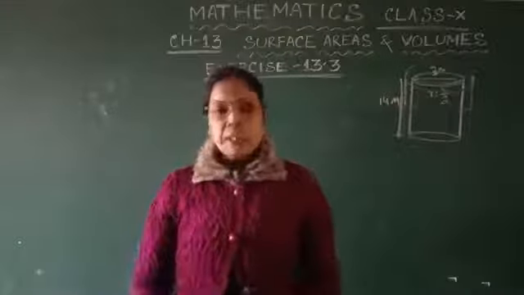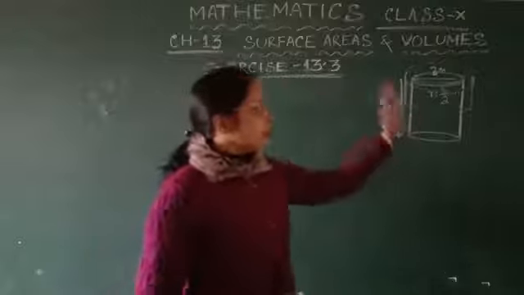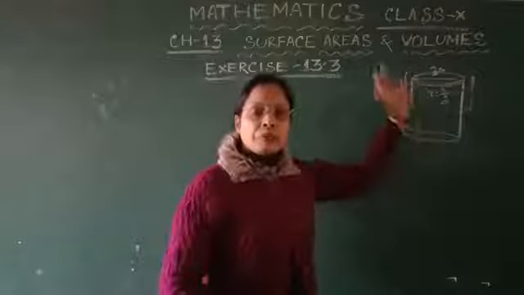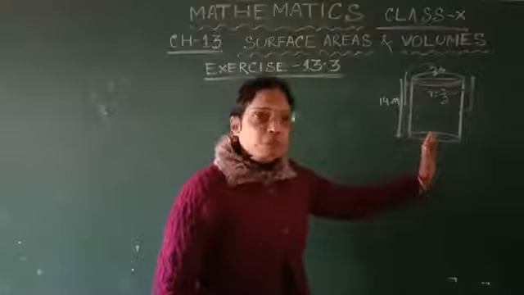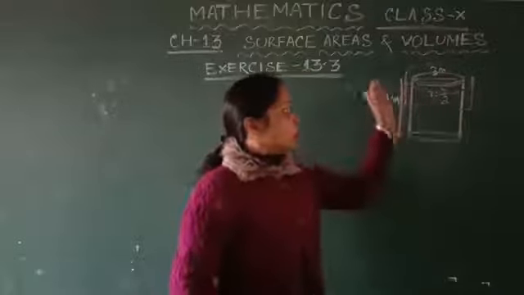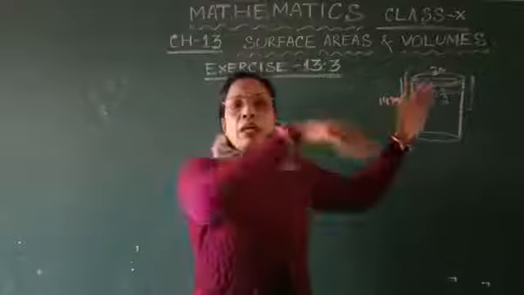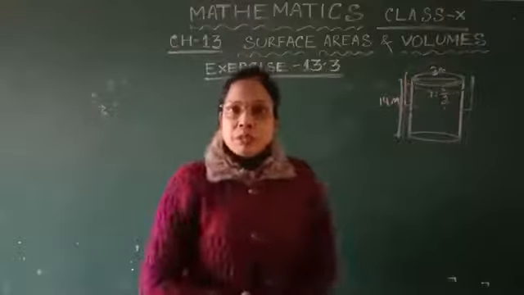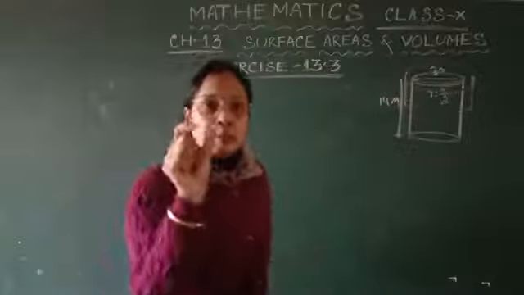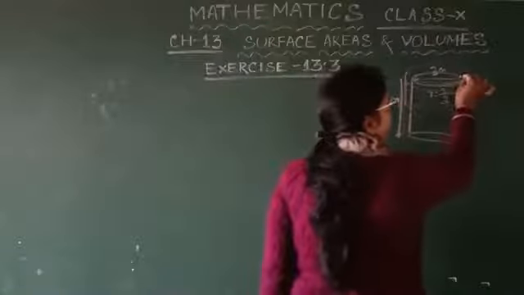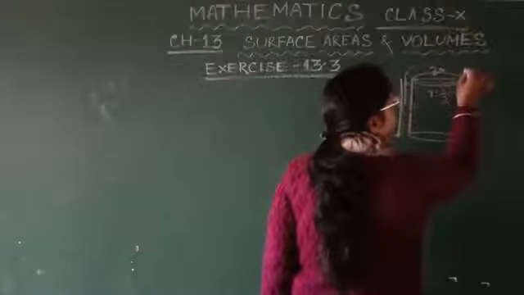So the volume of the earth taken out from this well is equal to the volume of the earth spread all around the well. And here it is also given that the width of the embankment is 4 meter.